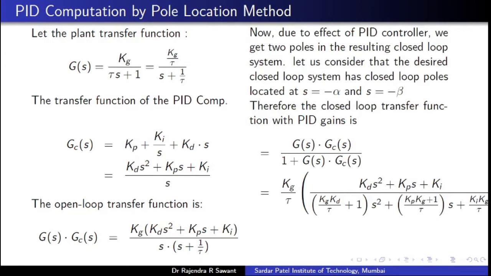Now, due to the effect of the PID controller, we get two poles in the resulting closed loop system.